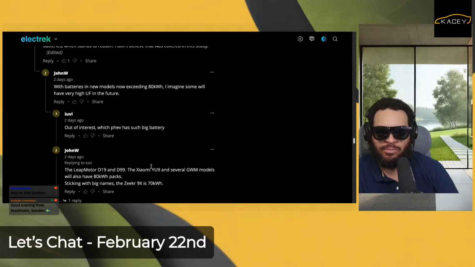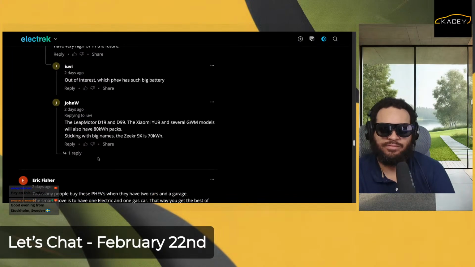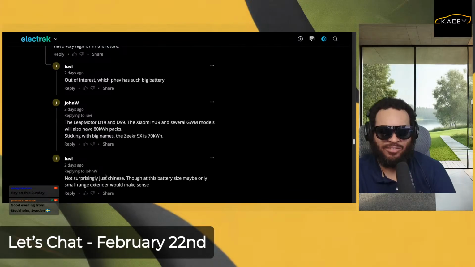Sticking with big names like the Zeekr 9X is 70 kilowatt hours. So all Chinese stuff. Which legacy has it? Oh, I'm glad I followed this thread. Not surprisingly, just the Chinese. Though at this battery size, maybe only a small range extender would make sense.